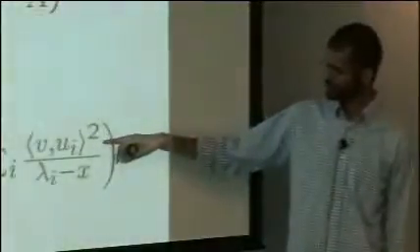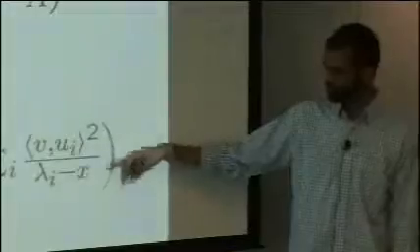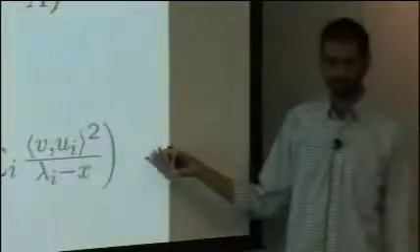If P_A is the characteristic polynomial of A, then the characteristic polynomial of A plus VV transpose is P_A times 1 plus the sum over i from 1 to n of the squared projection of the vector I'm adding onto the ith eigenvector, divided by the ith eigenvalue minus x.